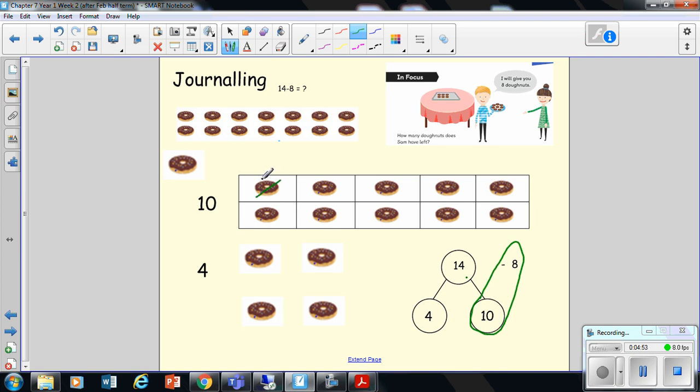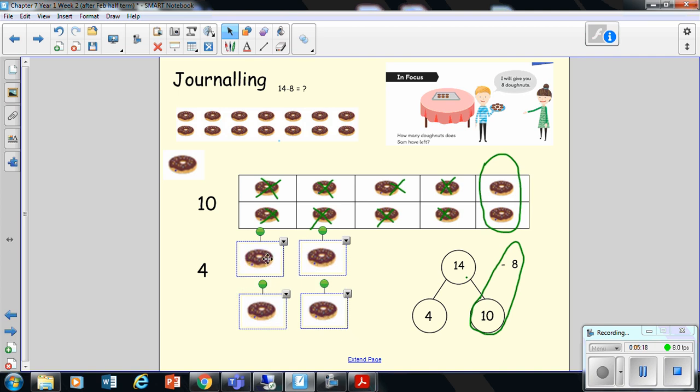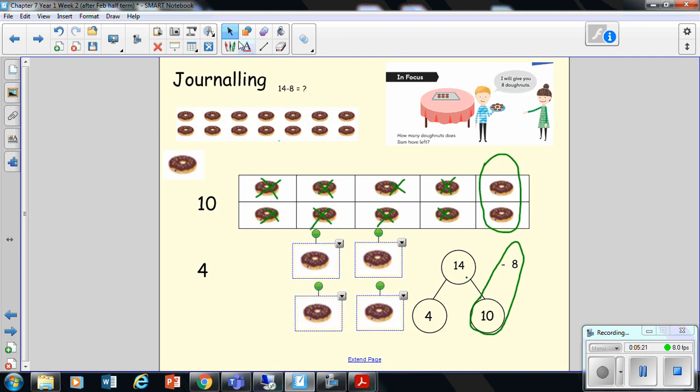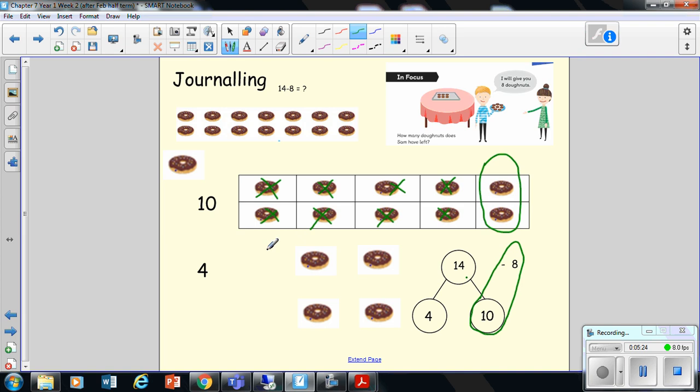So I've got 1, 2, 3, 4, 5, so that leaves me with 2. And this time, we're using that 2 to add to the 4. So what I'm going to do is move my 4 here, and I'm going to add my 2 to the 4. So I've got 4 add 2 equals 6.